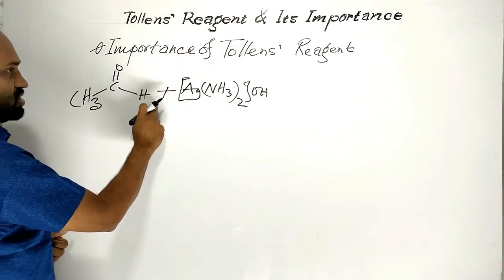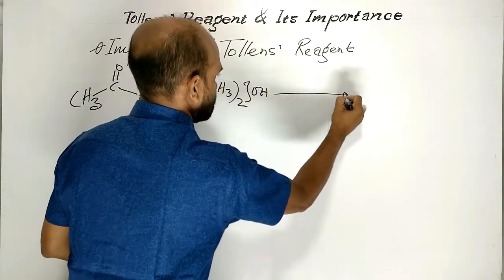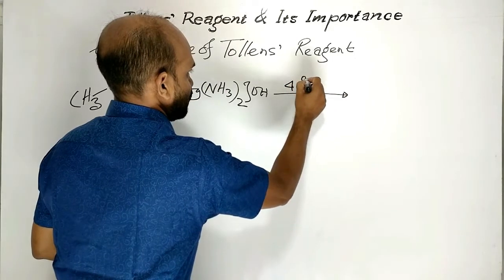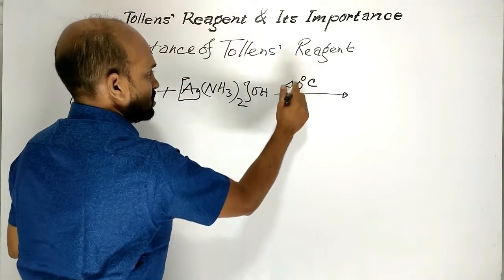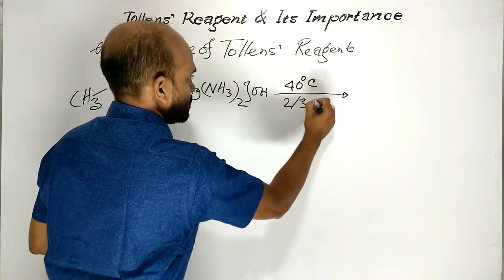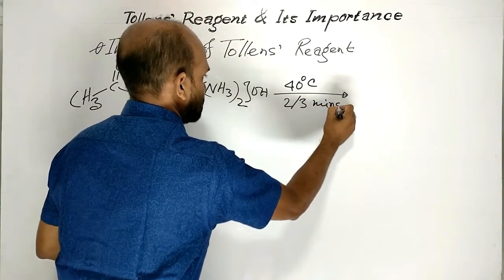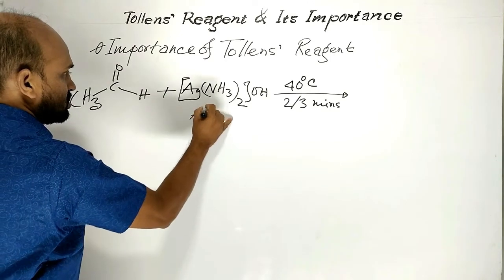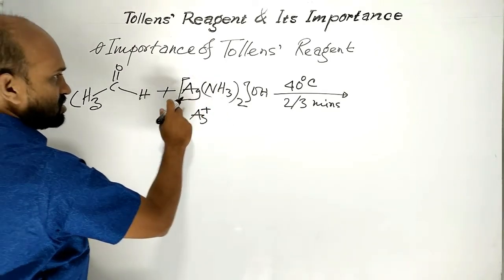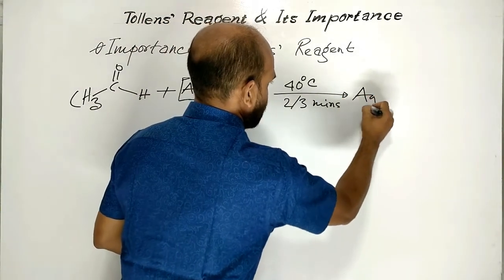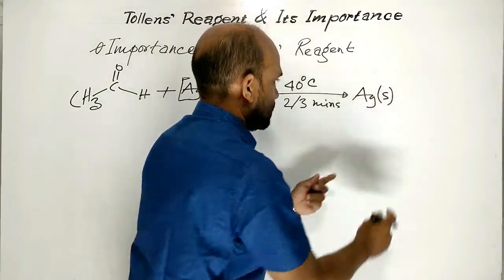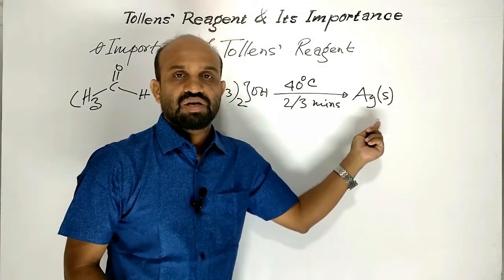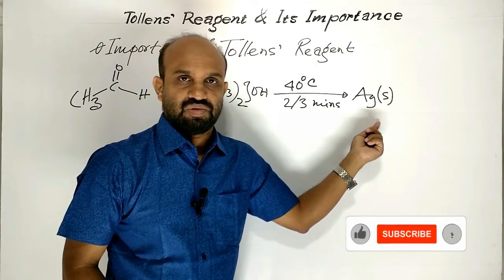Then the reaction mixture is heated at 40 degrees Celsius for 2-3 minutes. Then silver ion present in the solution deposits as solid silver on the inner wall of the test tube.